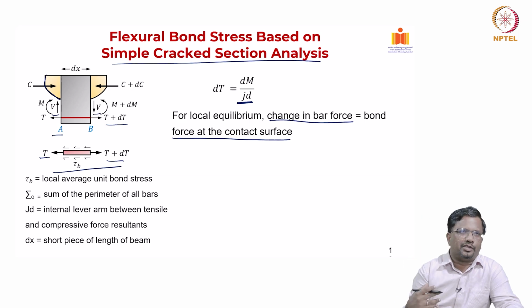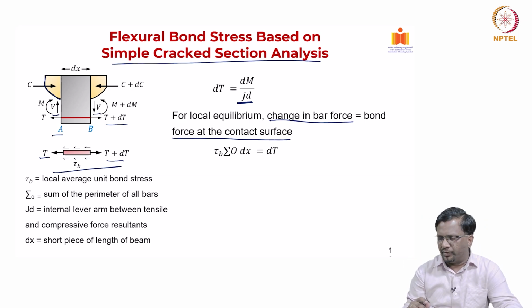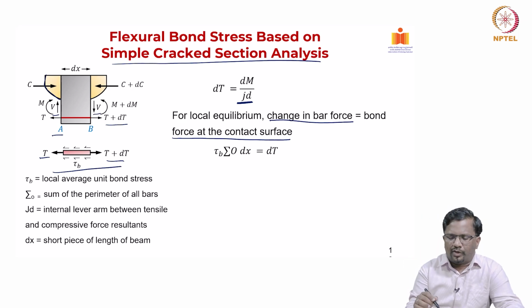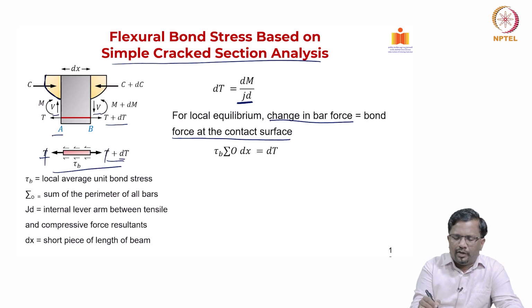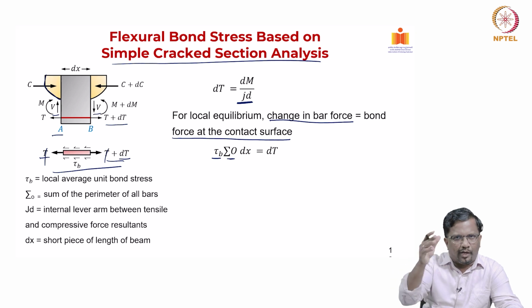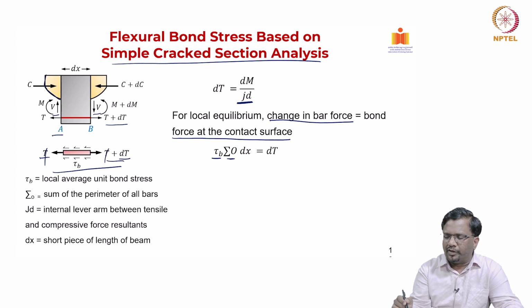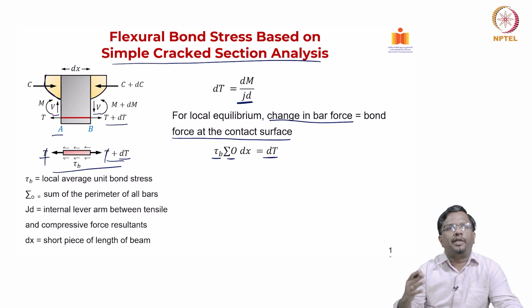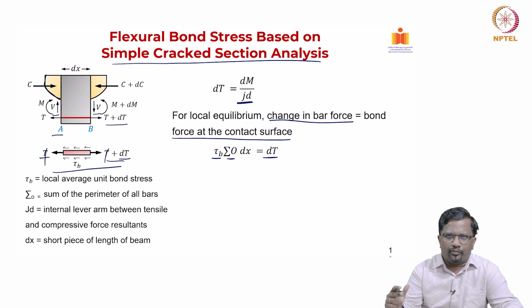The same stresses will act on the concrete surface as well to maintain equilibrium. T and T will get cancelled, and dT will be equal to tau b into the perimeter times the distance, which gives me the surface area. Shear stress multiplied by surface area is the bond force developed on the bar, and that is what creates that increase in tension dT.